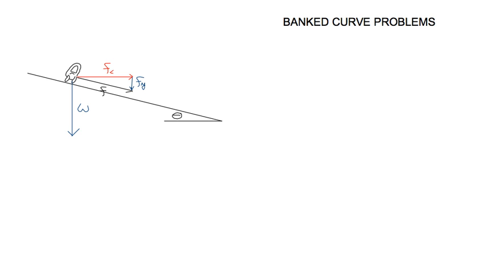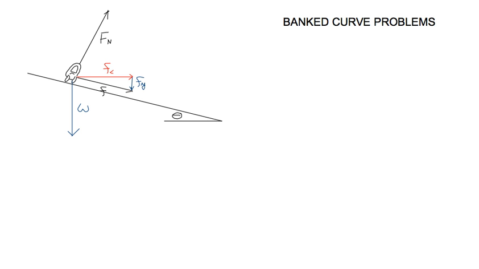Now, the other force on this picture that I haven't put is the normal force. The normal force is always perpendicular upward from the surface. So the normal force is going to be in that direction. Just like friction, the normal force has to be broken into components, its centripetal component and its y component.